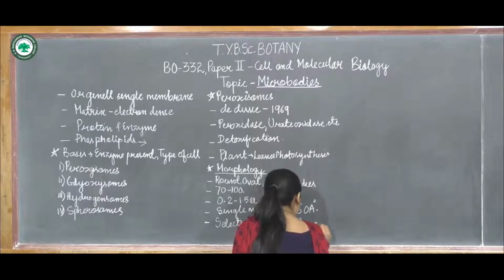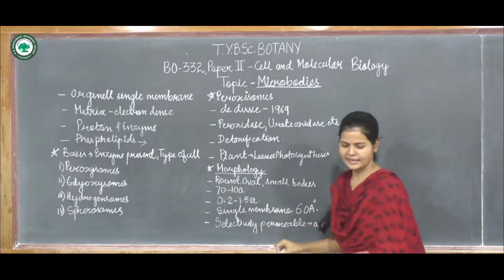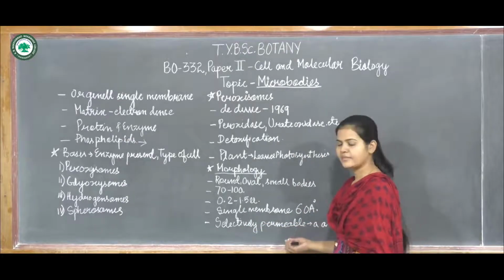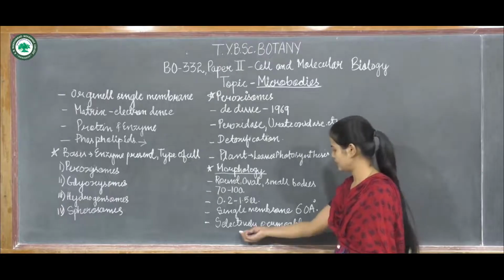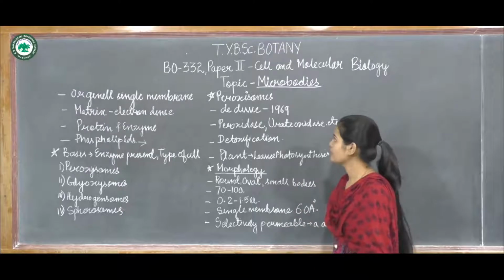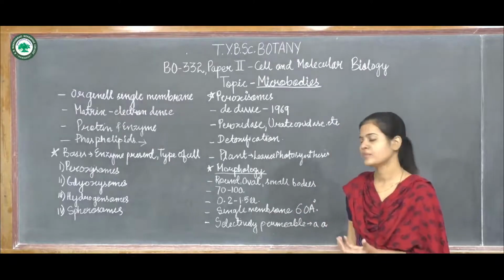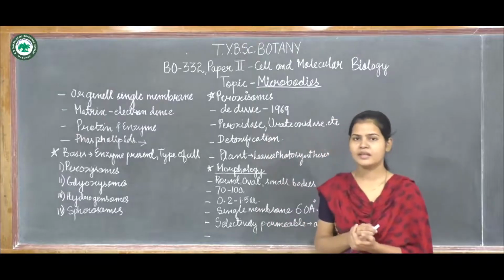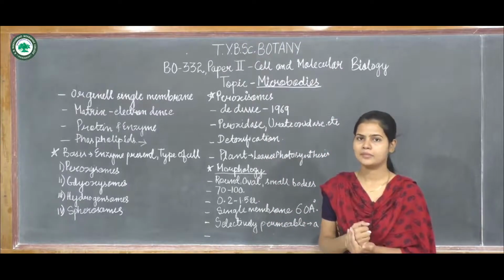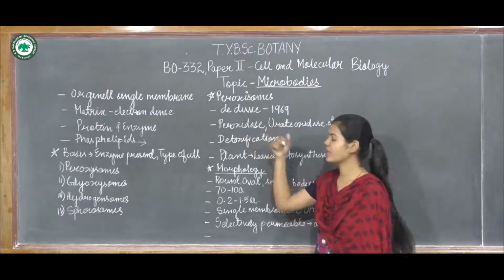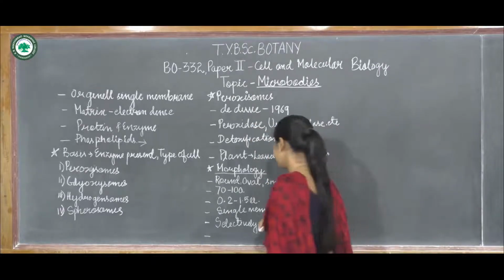So it is selectively permeable to certain amino acids. It will allow some acids and amino acids to pass through its membrane, but there are some, like the pyrimidines, that is cytosine and thymine, that are not allowed to pass through the membrane of the peroxisome.